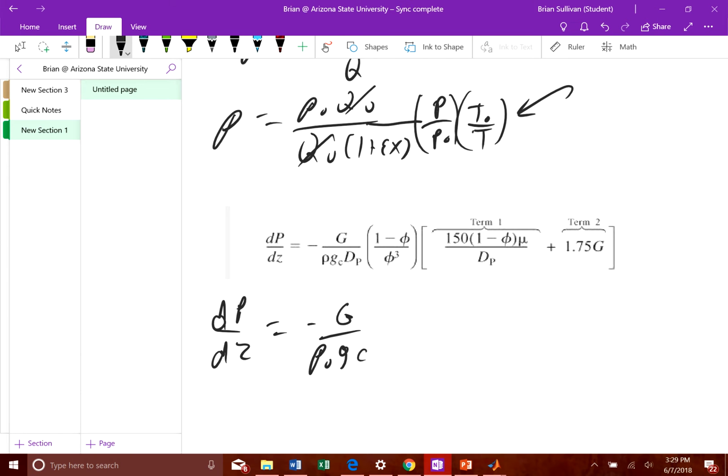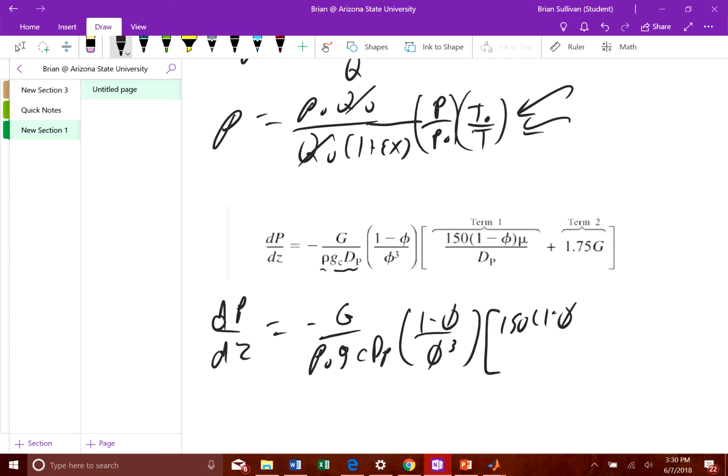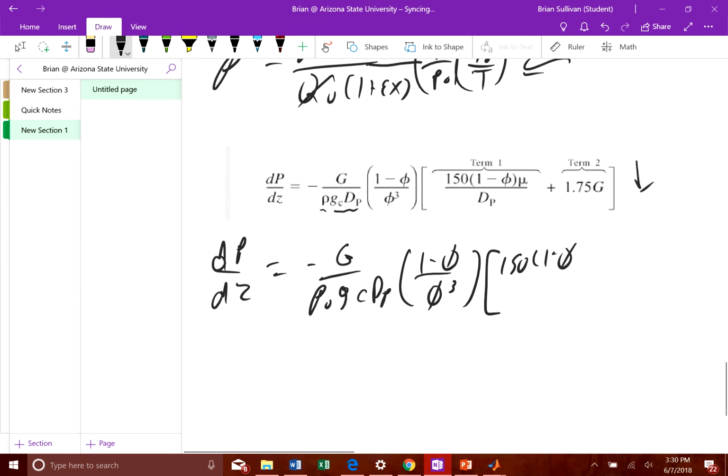I'm just going to fill it in with gc dp from this side, rho naught in there, g, 1 minus the void fraction over the void fraction cubed. I'm setting it up so it's nice and neat. I'm going to write everything that's left over to the right side, basically. That's what I'm aiming for. Okay, so viscosity dp plus 1.75 g.